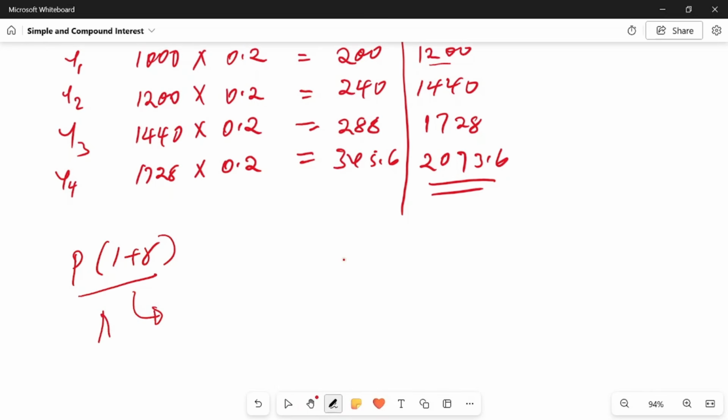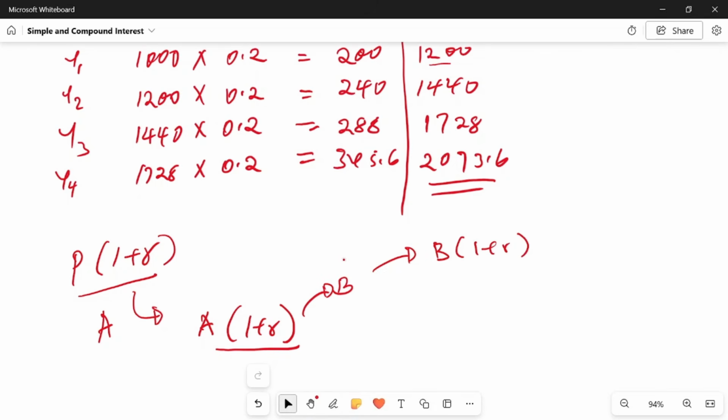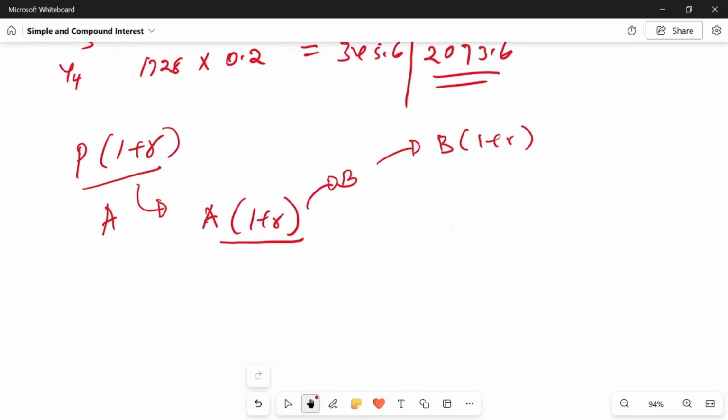So if you're going to call this A, then we said we got A, then multiplied it by 1 plus the rate. Then we took all these and let's call it B. Now we multiplied B by 1 plus the rate. So it's going to be B into 1 plus the rate.